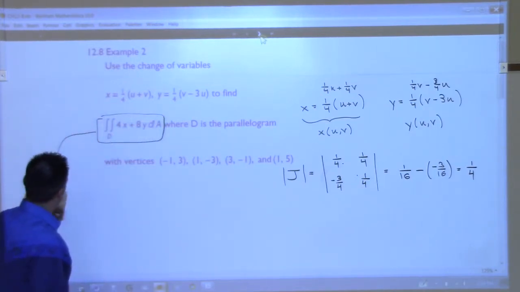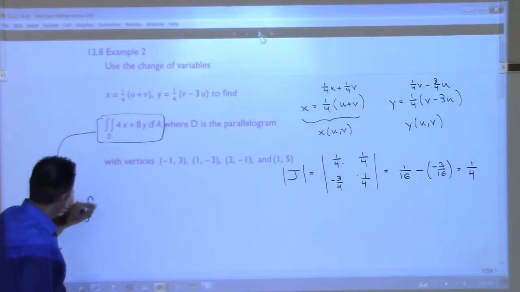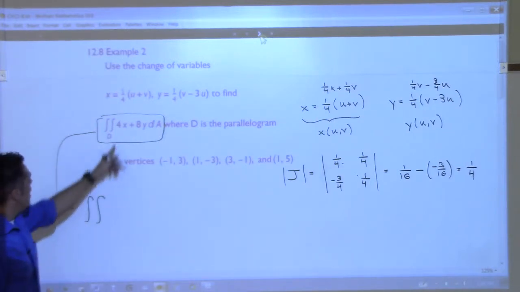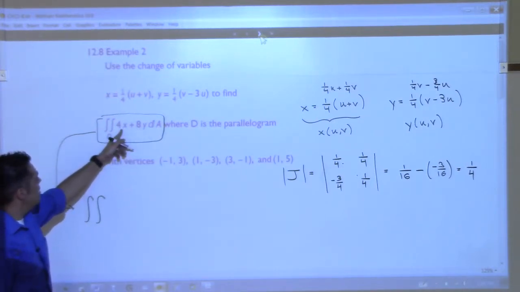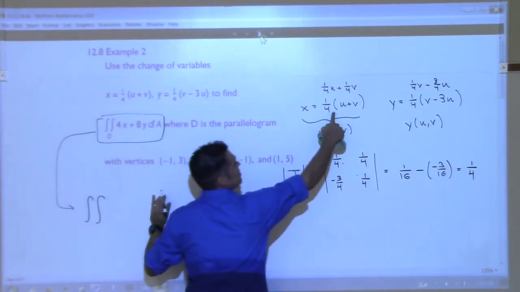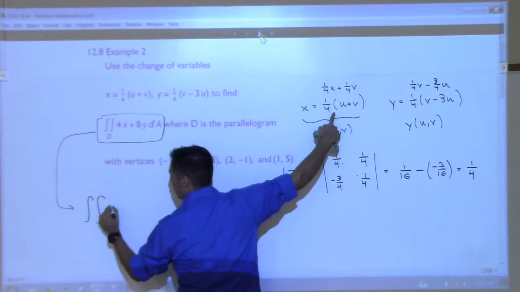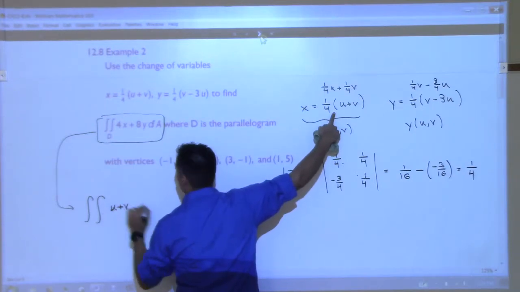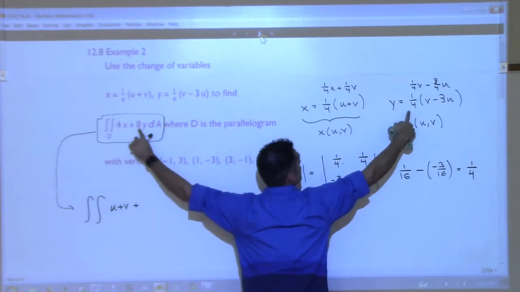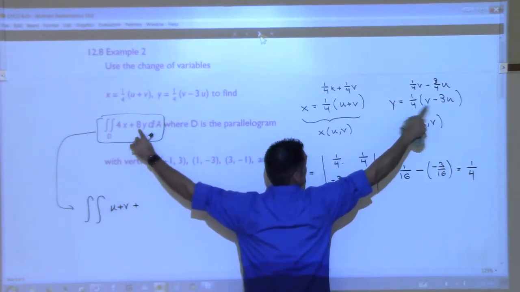This now becomes the double integral. Let's do the limits of integration at the end. We are going to rewrite this function, but instead of 4 times x, it's going to be 4 times this thing, which is just u plus v. That's beautiful. Okay, plus 8 times that, which means just distribute a 2 through, right?